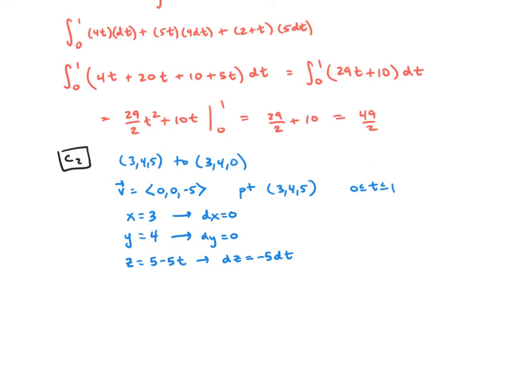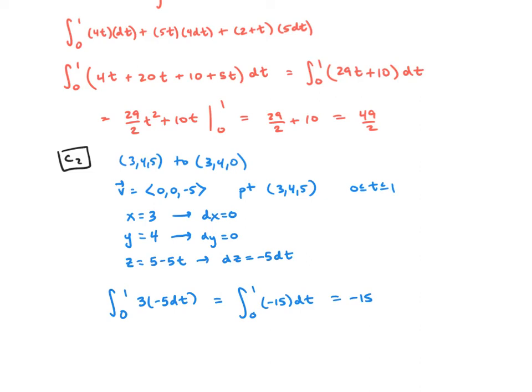So the line integral actually simplifies a great deal, because when we're looking at the original line integral, since dx and dy are both 0, what we get is the integral from 0 to 1 of x, which is 3, times dz, which is negative 5 dt. And this is just the integral from 0 to 1 of negative 15 dt, and we don't even need to really think about the fundamental theorem too much. That's just going to be negative 15.